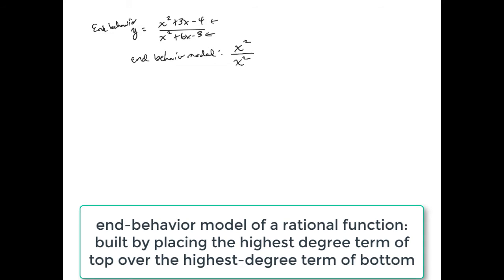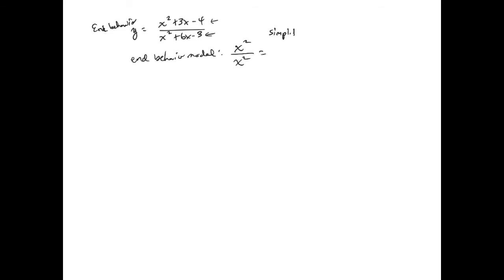So if I'm looking for the end behavior of one of these things, the end behavior model for a rational function will be built by taking the highest degree term on the top and putting it over the highest degree term on the bottom. Then you simplify that. In this case, that would simplify down into 1.